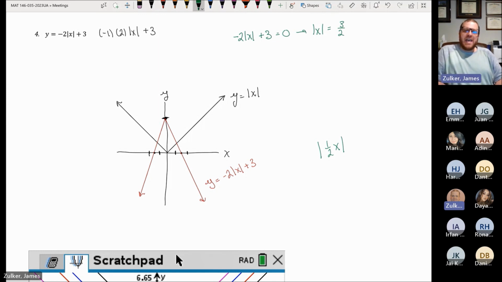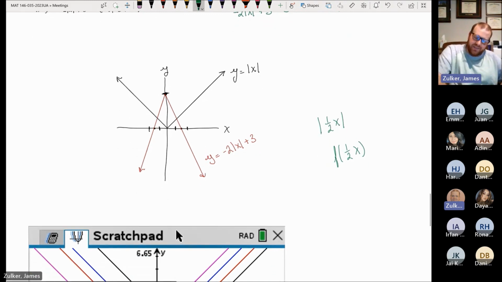I want to be careful when I say absolute value. For this case, yes, because the original function was the absolute value of x. It's more to do with whatever the function is, right? If what you're multiplying is the input, like in this case, then it's horizontal.